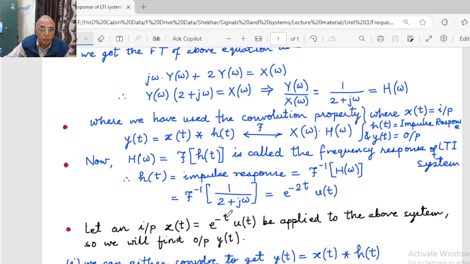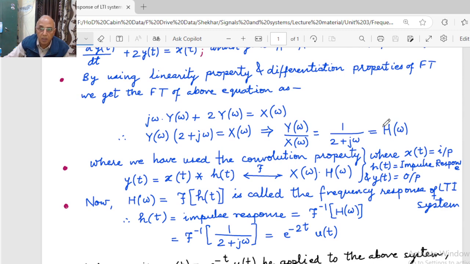Now, suppose we have to find the impulse response. The impulse response is nothing but the Fourier inverse of H omega, because if we take the Fourier transform of h(t), we get H omega, so if you take the Fourier inverse of H omega, h(t) will come. This is called the impulse response of the LTI system.